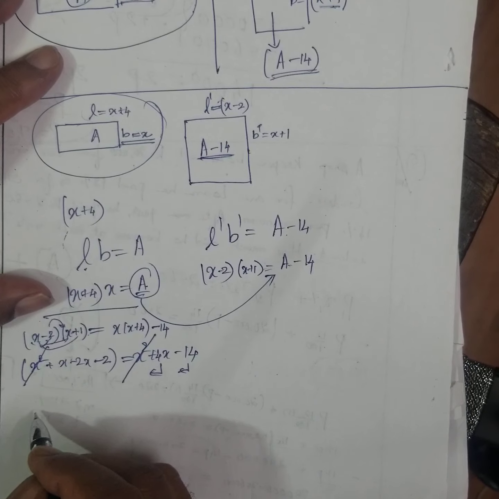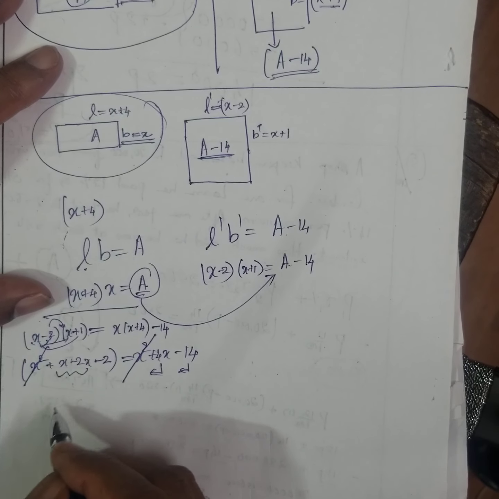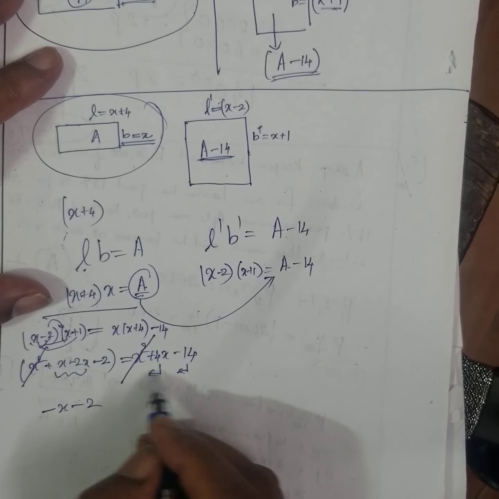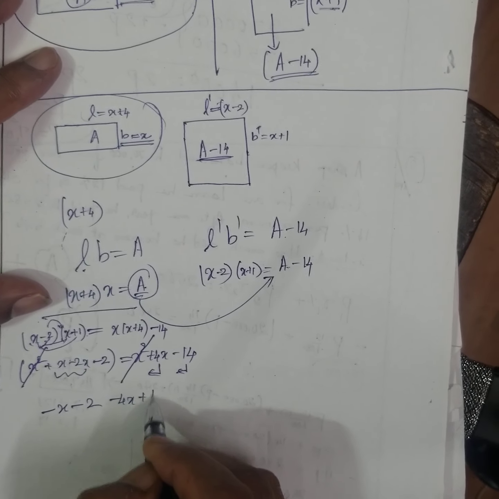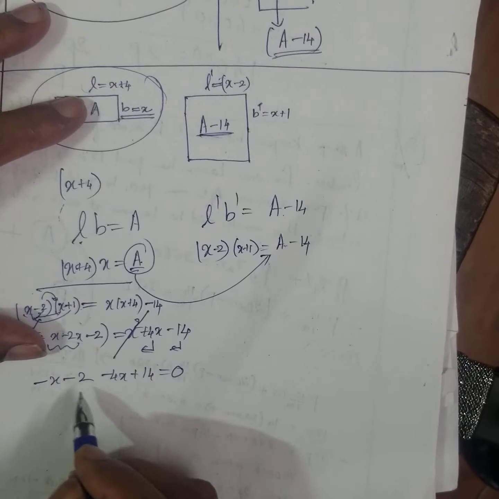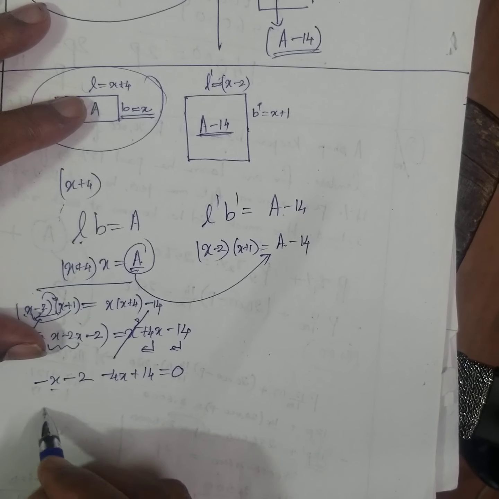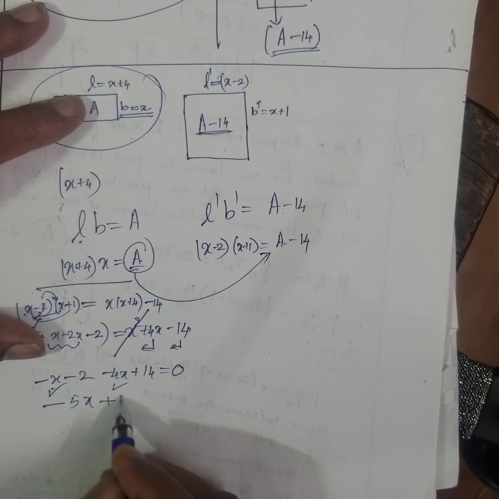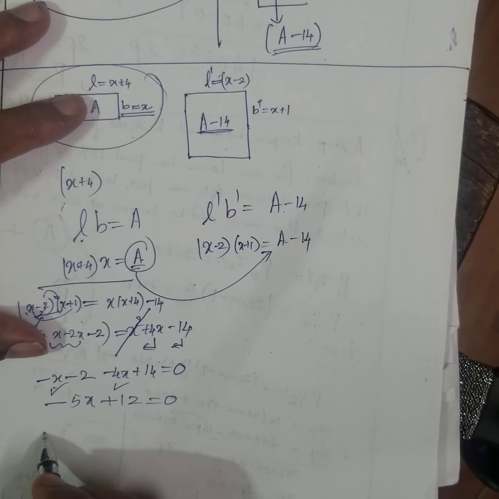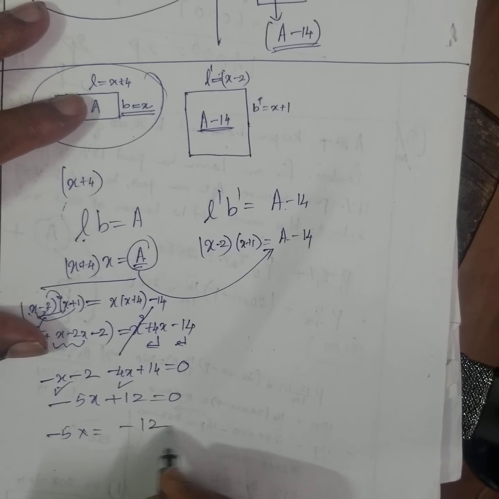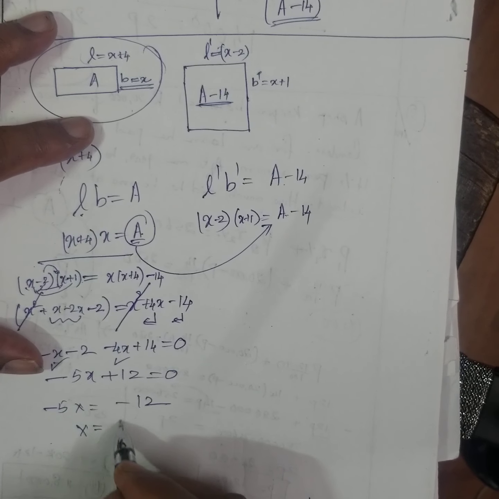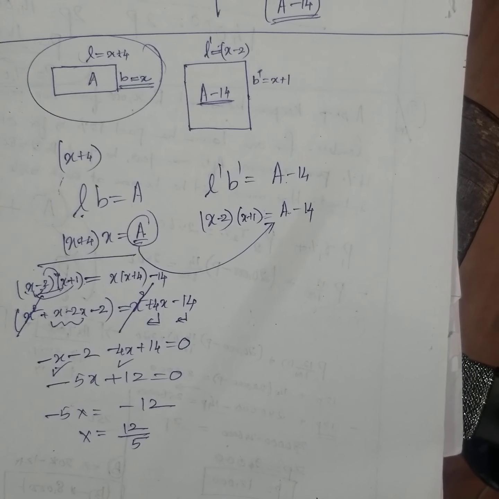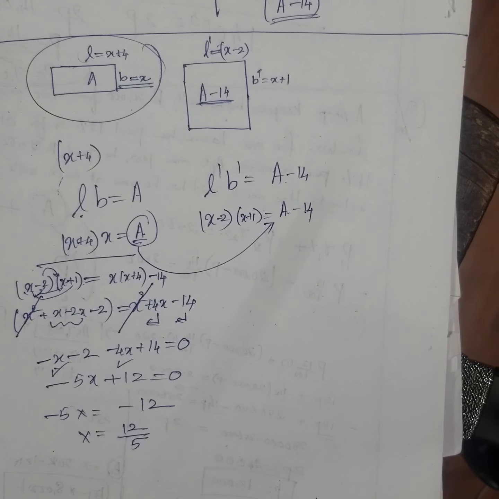Here, x minus 2x minus 4x plus 14 minus 2 equal to 0. Here minus 5x plus 12 equal to 0, minus 5x equal to minus 12. Therefore, x is equal to 12 by 5.